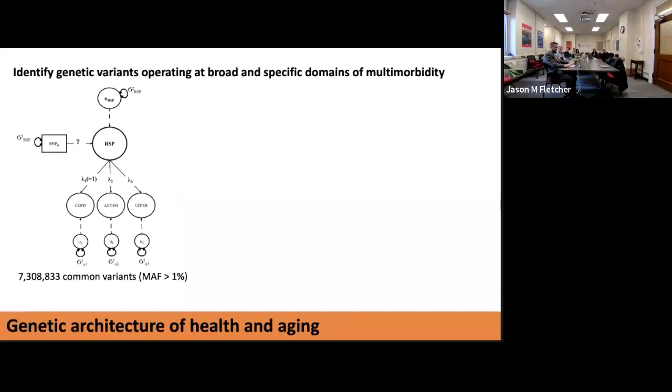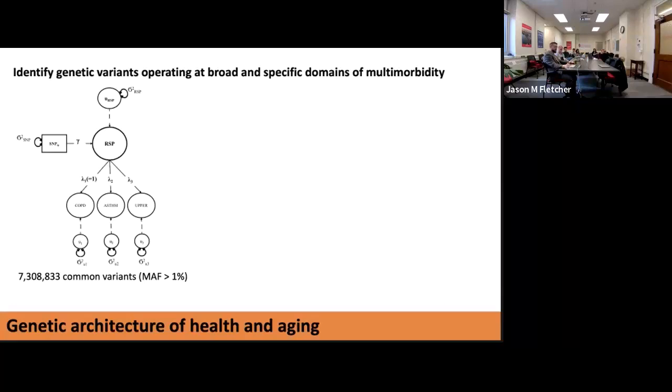So we conducted multivariate GWAS on this factor using 7 million common variants. In our model, which is very similar to the Alzheimer's disease model, the general risk toward respiratory disease is represented as the latent factor RSP, which directly affects the genetic component of chronic obstructive pulmonary disease, COPD, asthma, and upper respiratory diseases.